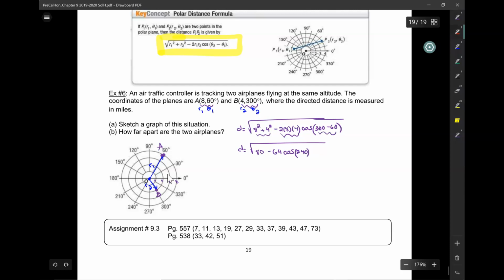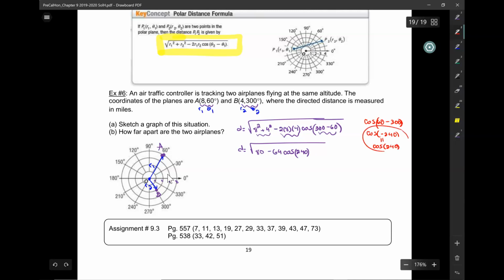What if somebody messed up and instead of doing theta 2 minus theta 1, they did theta 1 minus theta 2? Does it make a difference? In this case, you would have gotten cosine of negative 240. But it does not make a difference, because cosine is an even function. So that's the same as cosine of positive 240.